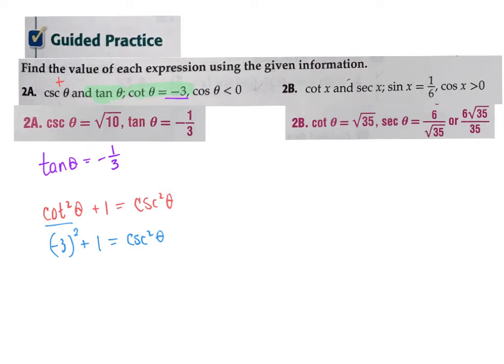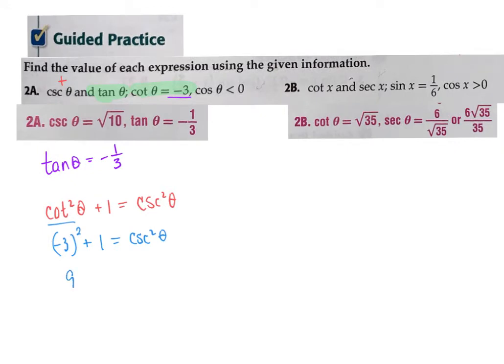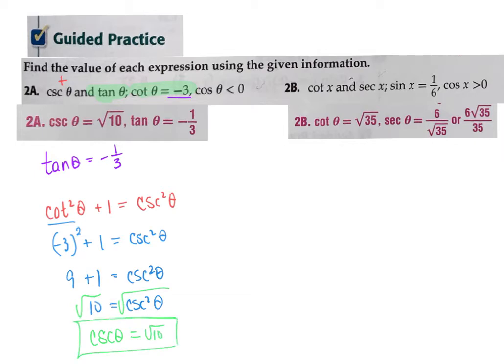Negative 3 squared is 9 plus 1 equals cosecant squared. So I have 10 equals cosecant squared. How do I solve for cosecant? Square root. And I know it's positive because I've already figured that out. So the cosecant theta equals the square root of 10. So I have that. And my other question was this one. So I have both of them solved.